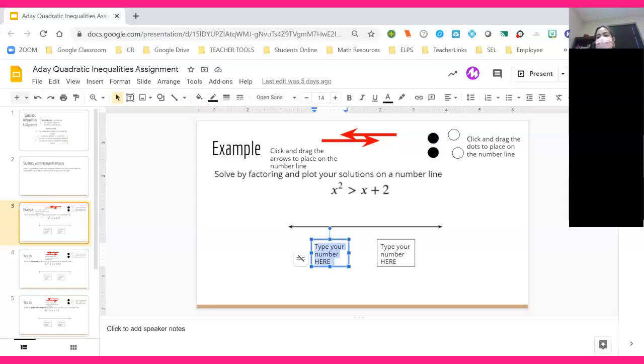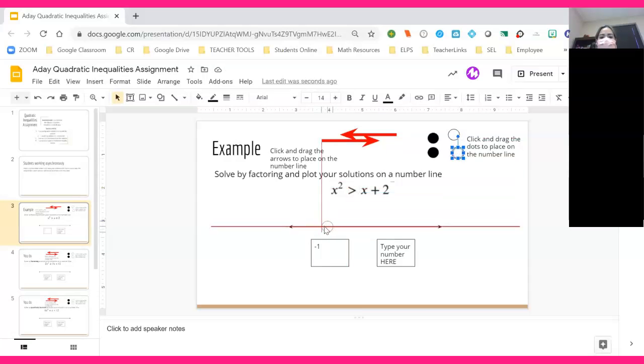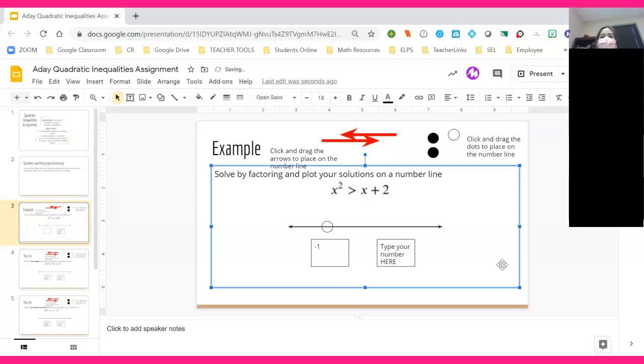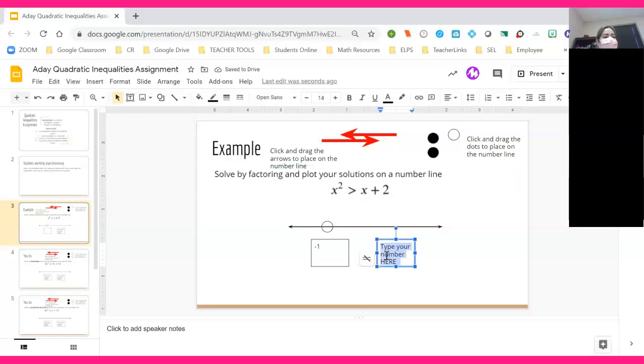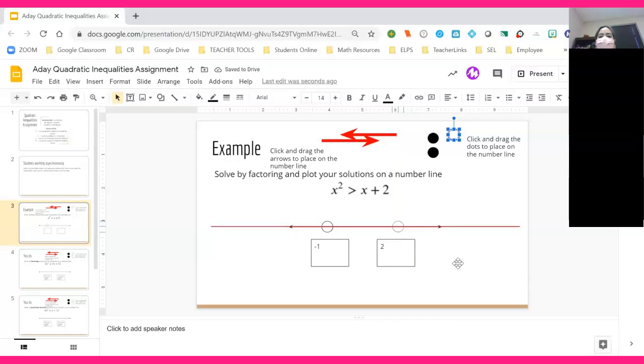So we're going to graph it on the number line, just like we did on our example. So here we would put -1. And because we used an open circle, we want to place that open circle here. Then on the right side, we had a +2, and that one as well has that open circle.